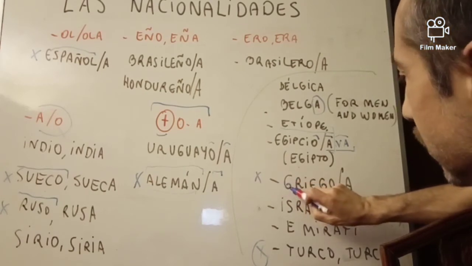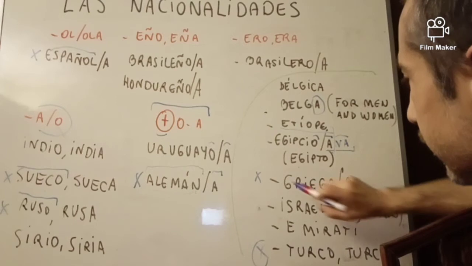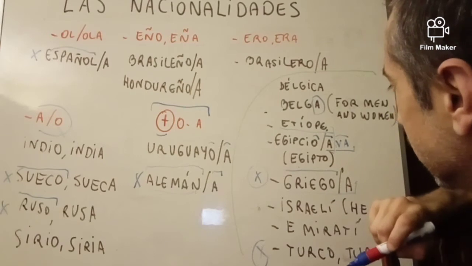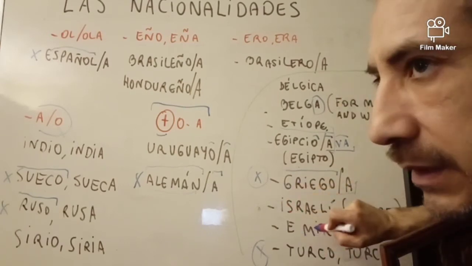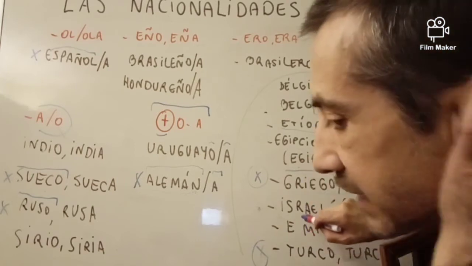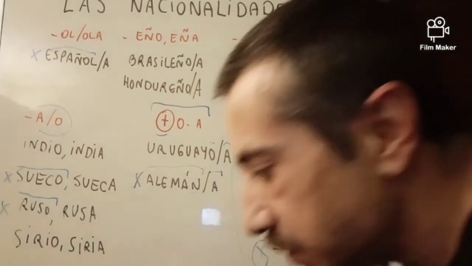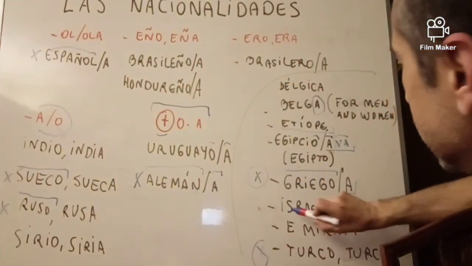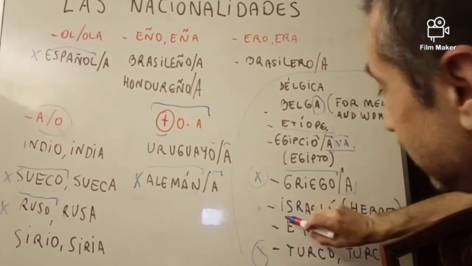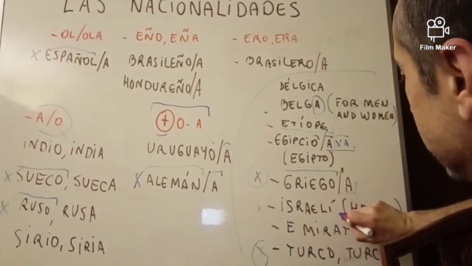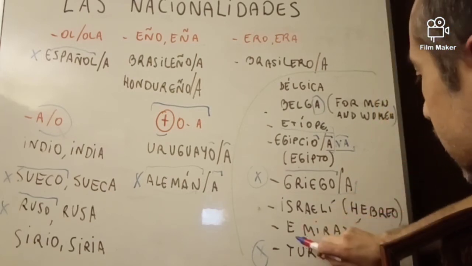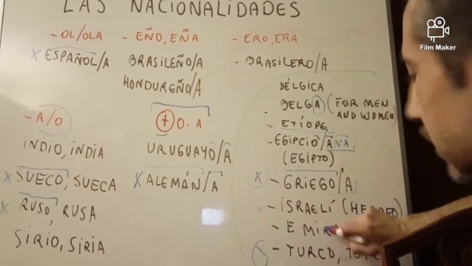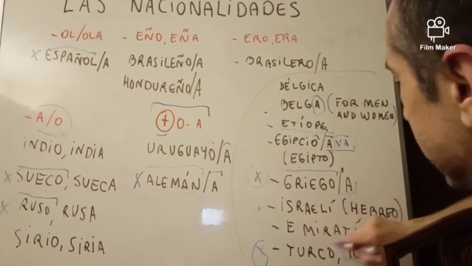People born in Greece are called griego, griega. And in this case, the language is griego. People born in Israel speak hebreo, Hebrew. People born in the United Arab Emirates, Emiratos Árabes Unidos, speak Emirati.